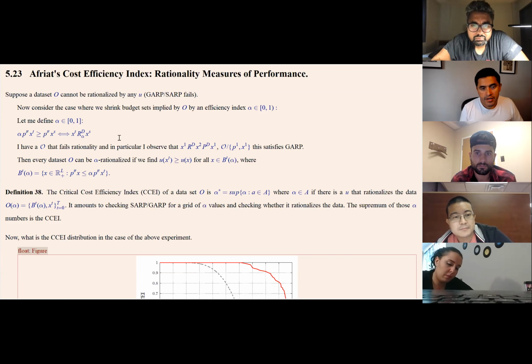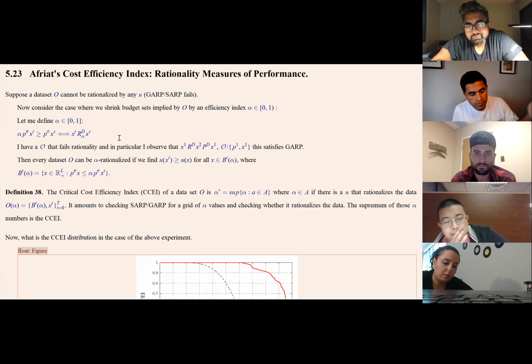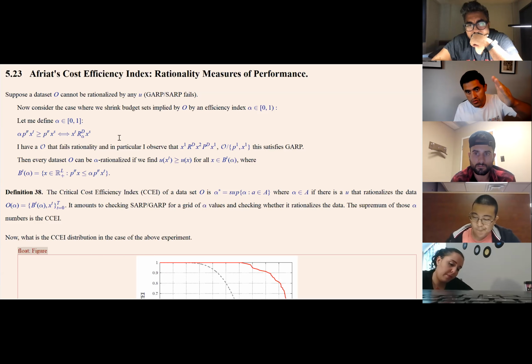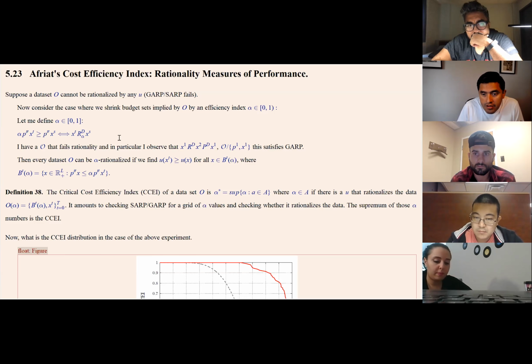So what I'm saying is that by removing any of these two observations, I remove the only cycle in this possible data set, and then I'm back to GARP. Okay? So this data set has only one mistake, only one cycle. x1 is revealed preferred to x2, and then x2 is strictly preferred to x1. When I remove any of these observations, then I'm back to rationality, okay?